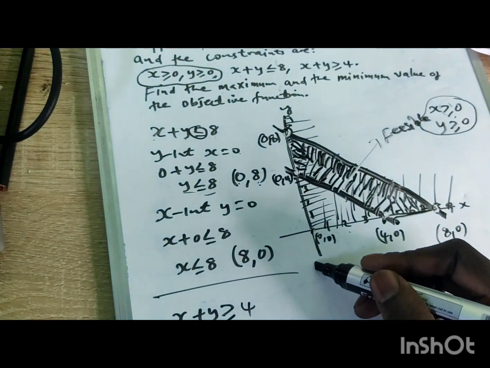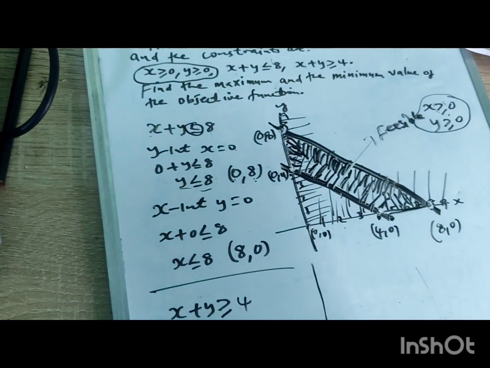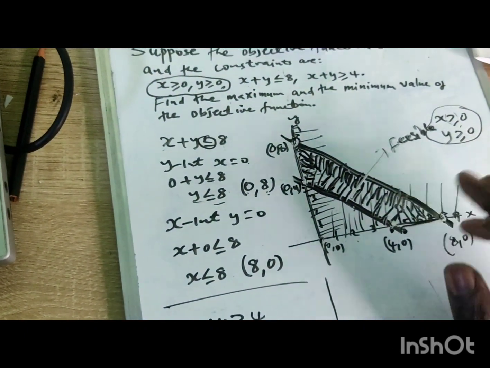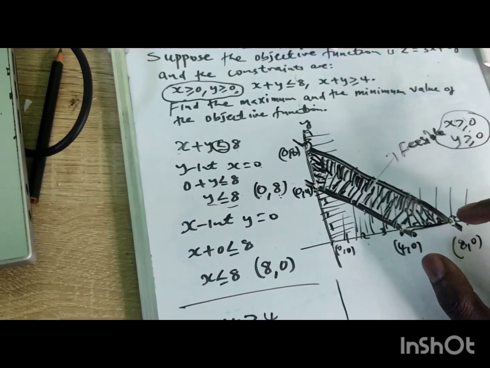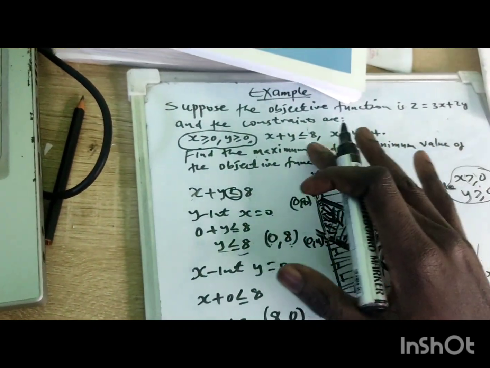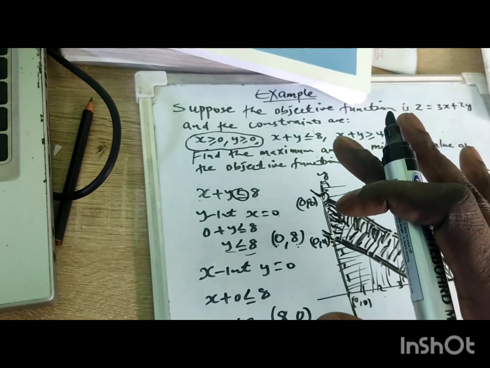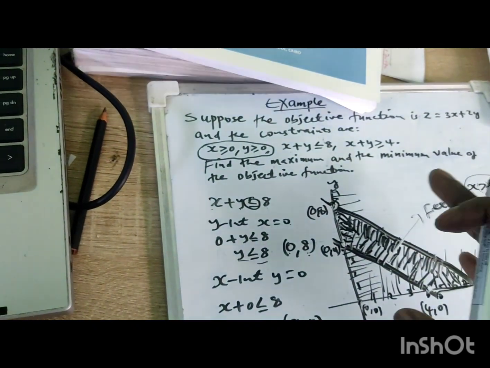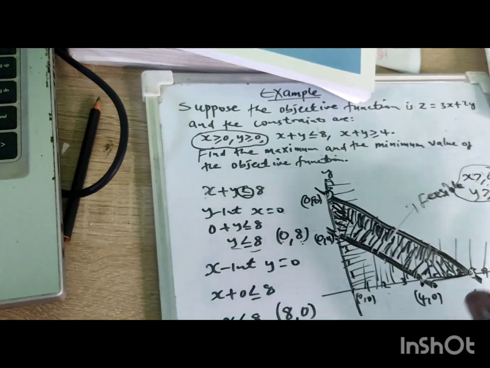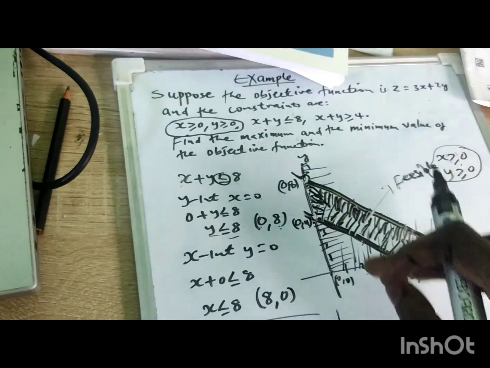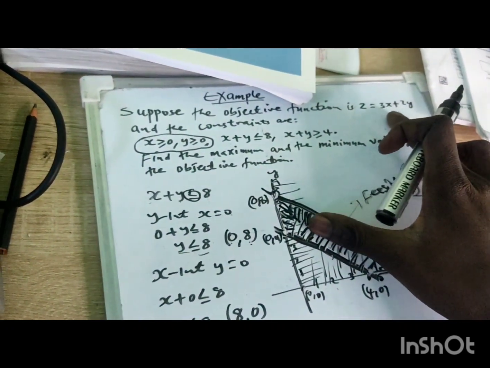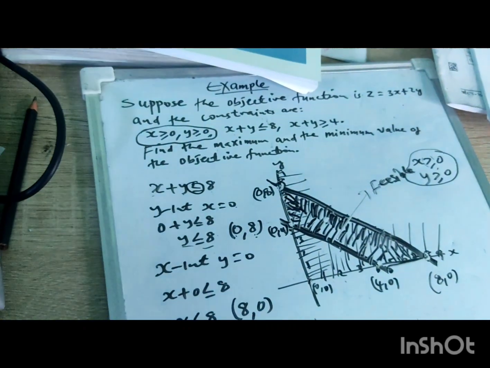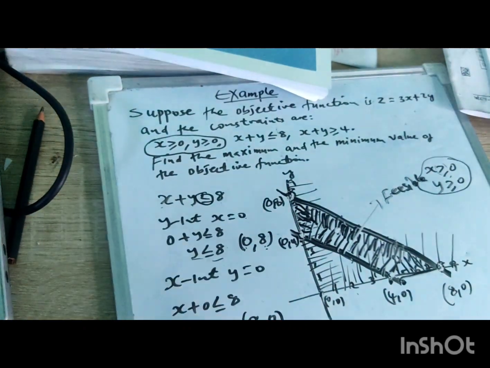Okay, the goal for this graph is to find the corner points, and these corner points are important for finding the maximum or the minimum value of the objective function. That's why this graph is necessary. Now we're going to take these 4 corner points and substitute them into this objective function to see which point gives us the maximum value or the minimum value.